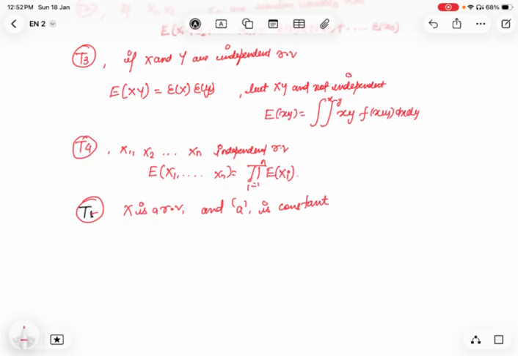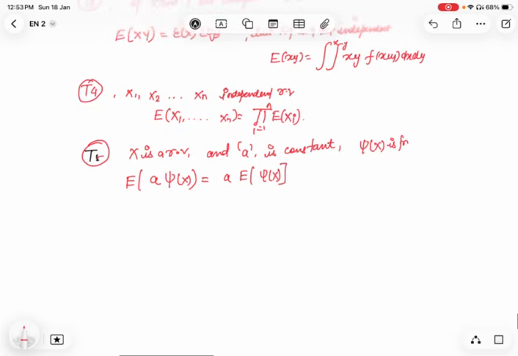If a is a constant, then the expectation of aX is a times the expectation of X. What does it mean? Suppose we have to find the expectation of this, and a is a constant.